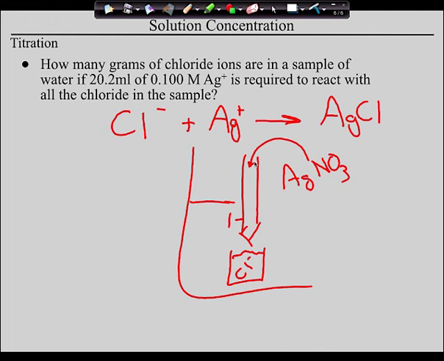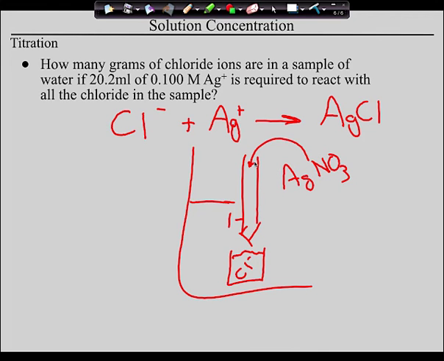Now, why is it whoever wrote this problem didn't mention the nitrate? It's a spectator. It doesn't need to be there. But we as ever-growing chemists need to realize that there's no such thing as just silver ion solution. It was made from a salt that is supported by an anion, in this case, nitrate.